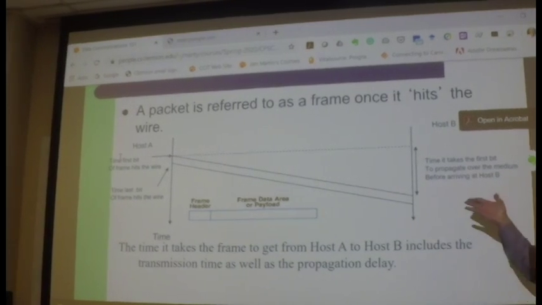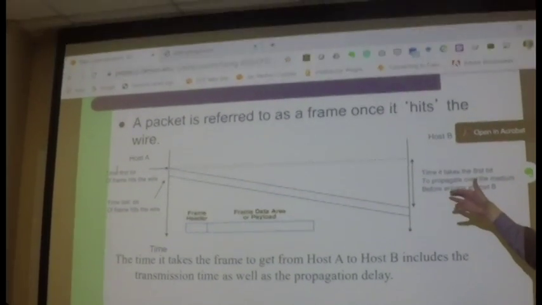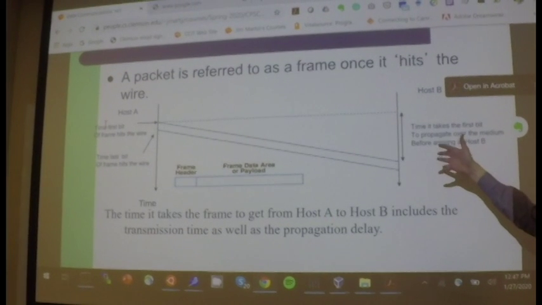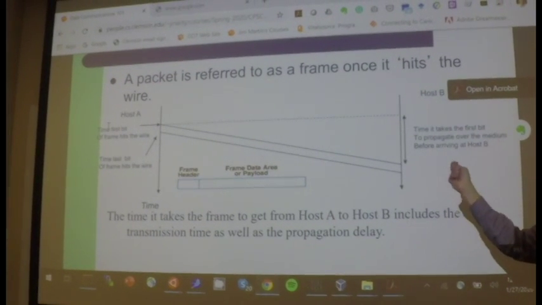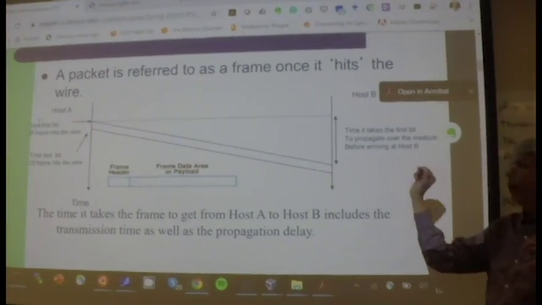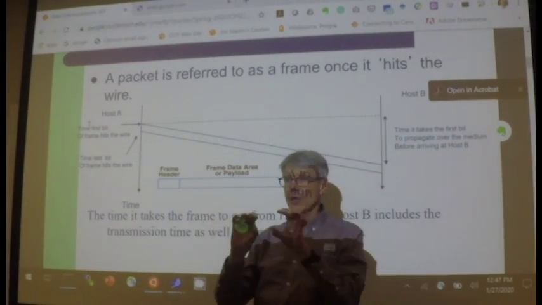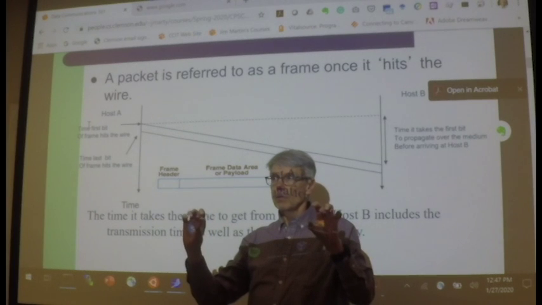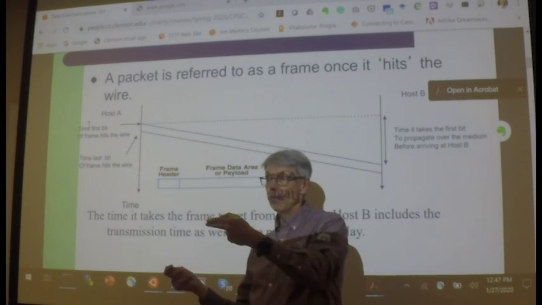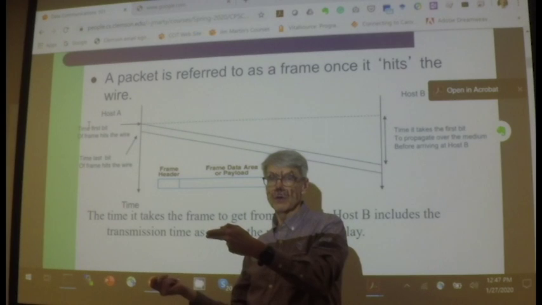The upper bound for that speed is the speed of light, but depending on the physical medium, it may slow it down, so it may not propagate at the speed of light.